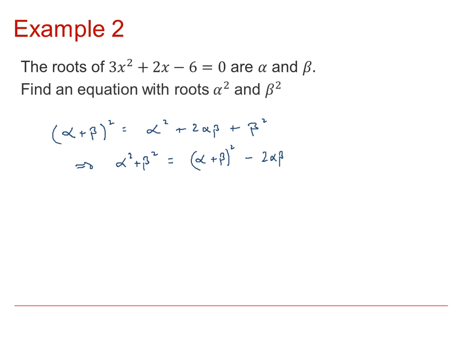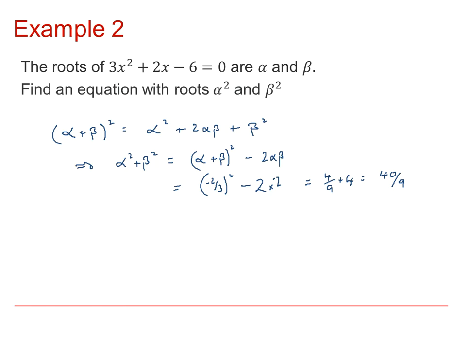But on the previous slide we saw that alpha plus beta was negative 2/3, so this is negative 2/3 squared, and then minus 2 multiplied by alpha beta, which was negative 2. So in total, therefore, we get 4/9 plus 4. In terms of ninths, that's 40/9 for the sum of the new roots.